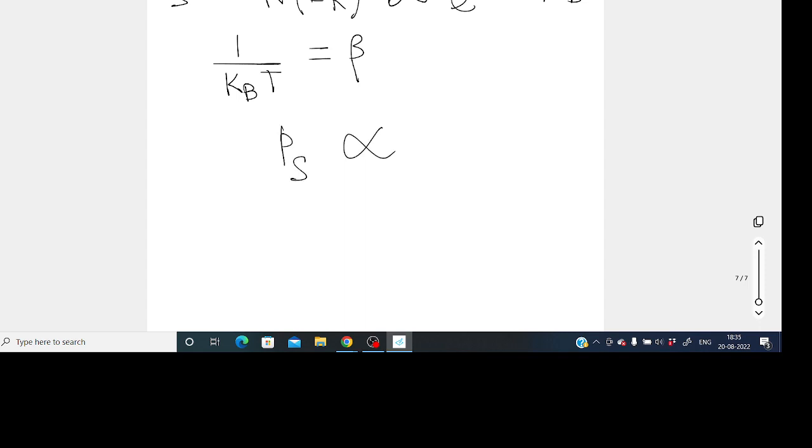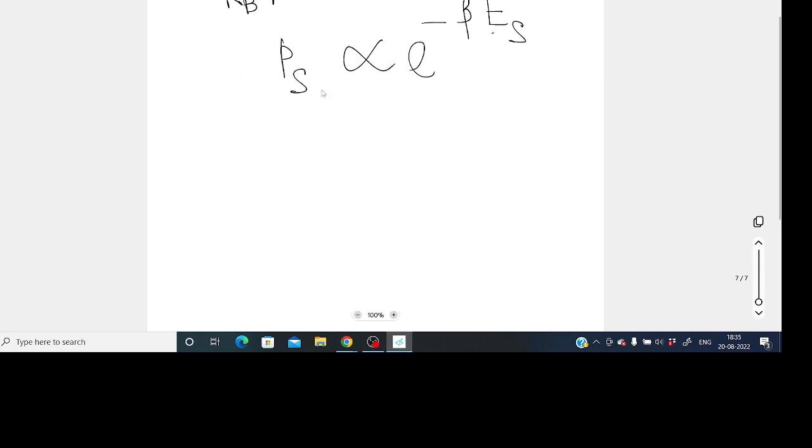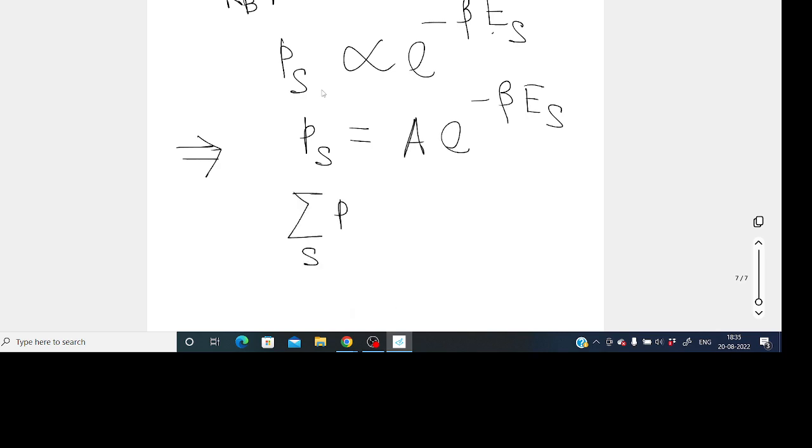So P_S is proportional to e to the power minus beta E_S. A is the constant of proportionality, and we also know that the sum of the probabilities is always 1.